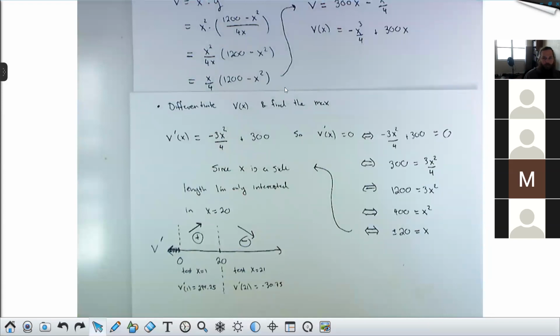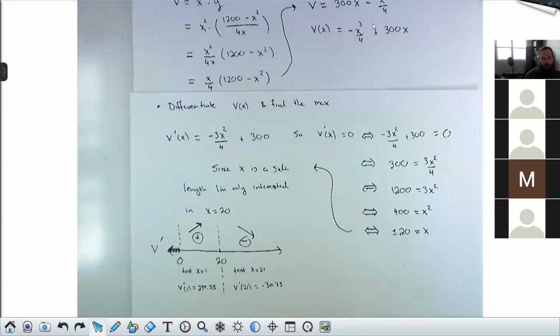Can't we just plug in 20 for the original equation and see if it's a min or a max, and then you'll know what side's increasing and decreasing? Well, how would you know whether it's a min or a max from plugging it into the original? If you plug it into the original, it's just going to tell you the volume of the box with side length 20.